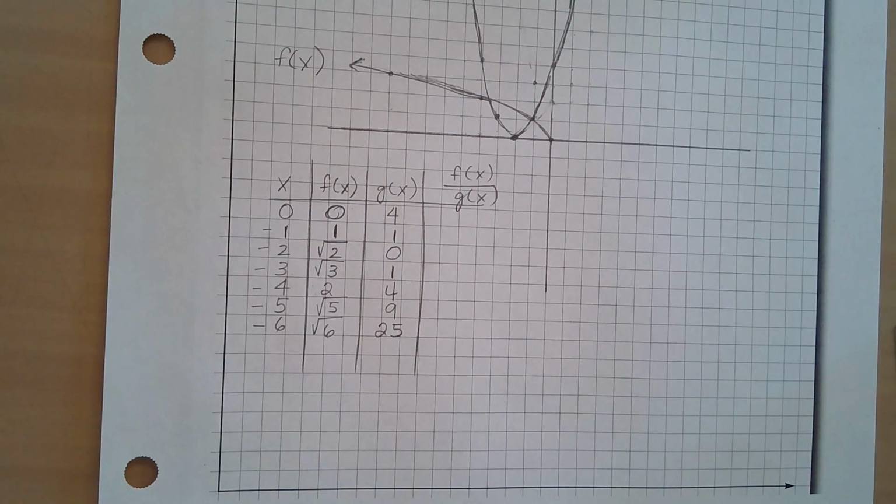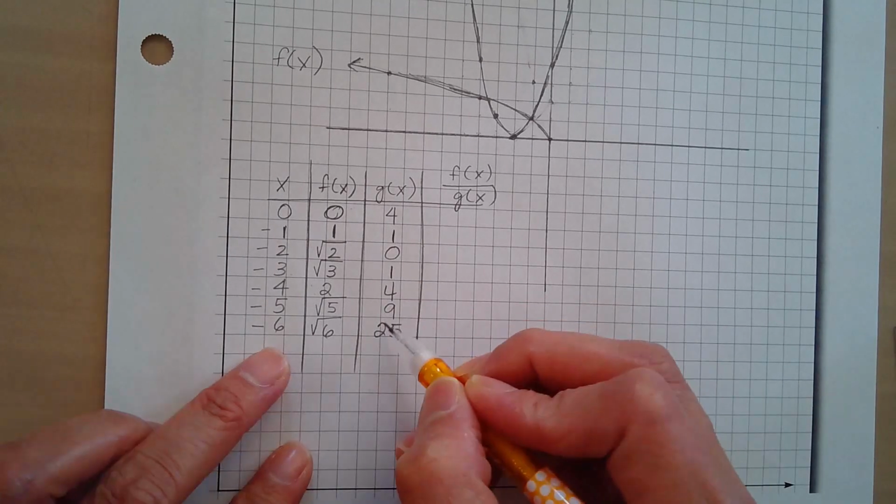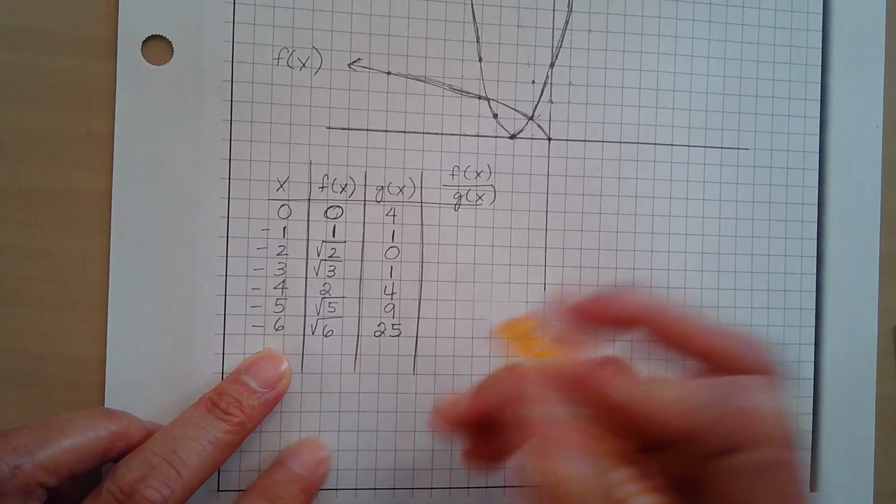So far, so good. Should 6 be 16? Negative 6 plus 2 is negative 4. Negative 4 squared, 16, yeah.